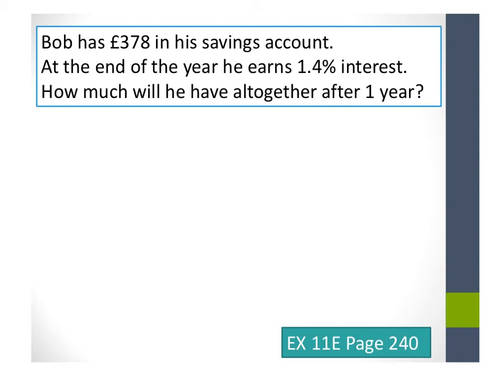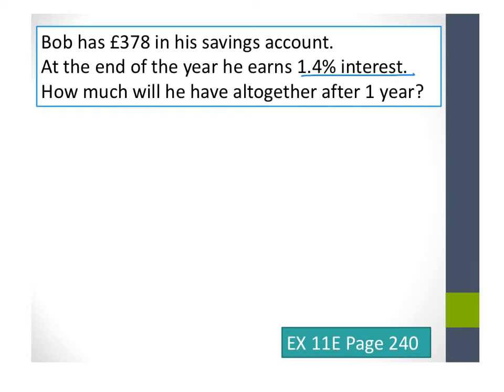Now in this question here, sometimes you've got to decide whether something has increased or decreased. So Bob has £378 in his savings account. At the end of the year, he earns 1.4% interest. Now, that's actually pretty good nowadays. I wish I got 1.4% interest.